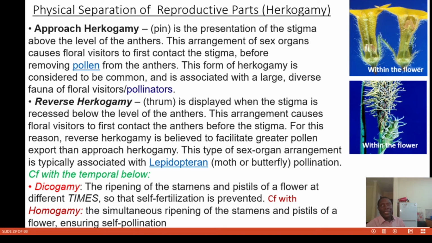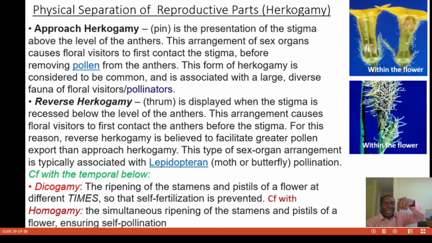It's considered to be common and is associated with a large diverse fauna or flora of visitors or pollinators. Then we have the reverse hercogamy, thrum. It is displayed when the stigma is recessed below and the anthers are above.